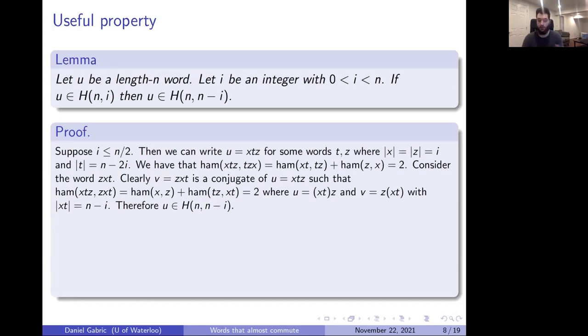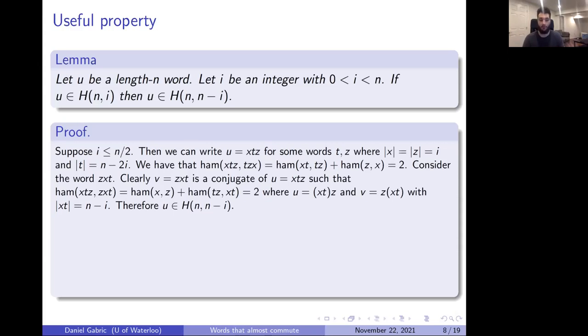But we can also split this Hamming distance up because we know that xt is the same length as tz, and z is the same length as x. So the total Hamming distance is equal to the Hamming distance of xt and tz plus the Hamming distance of z and x.